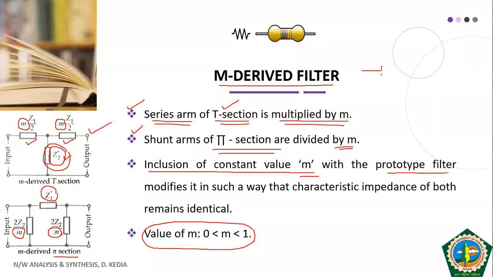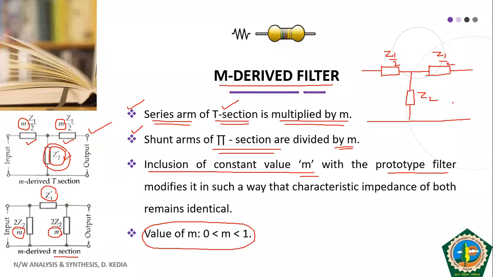It means that if you are given a prototype filter of the section T, and if you want to convert that into M derived, say this is your prototype filter, Z1 by 2, Z1 by 2, and say this is Z2. This is a prototype filter or constant K filter.